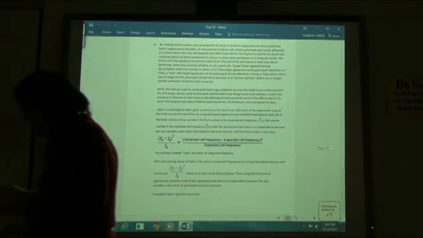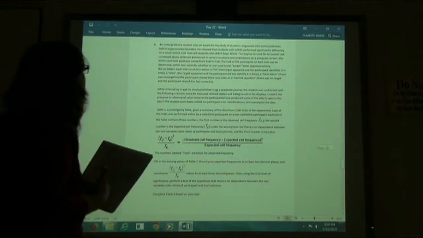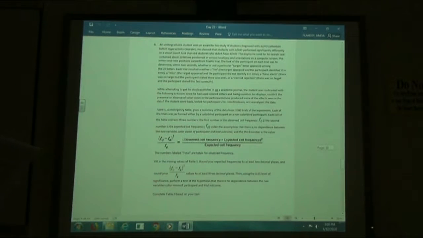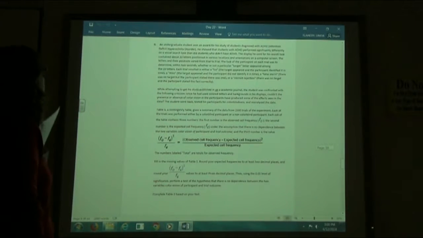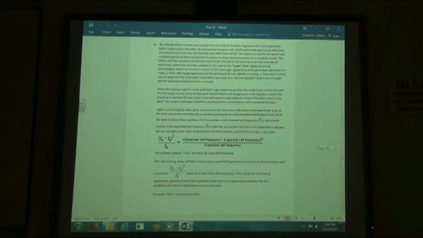Number 8. Another one of these big long ones. It says an undergraduate student who won an award for his study of students diagnosed with ADHD, attention deficit hyperactivity disorder, showed that the students with ADHD performed slightly differently on visual search tasks than did students who didn't have ADHD.